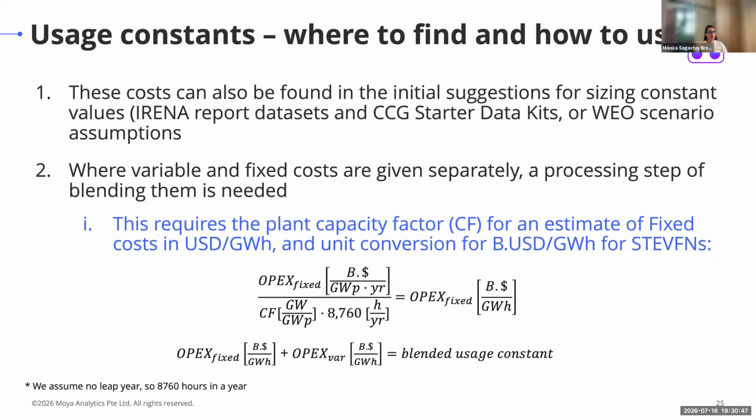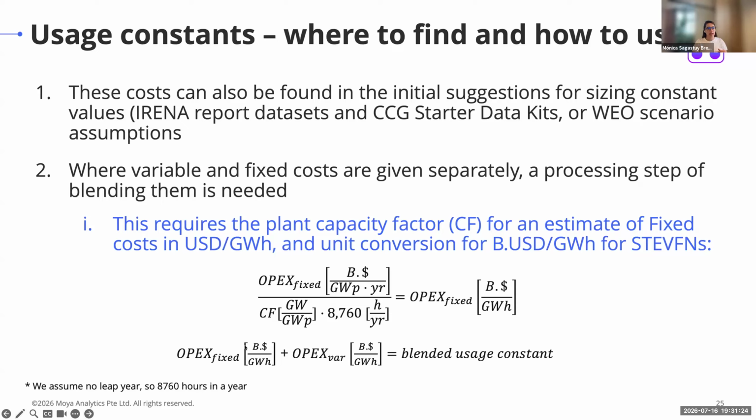I've used a little bit of guidance for you for that conversion, because fixed and variable costs are in different units. So if we want to actually be able to add them, we need to do this conversion, where we have the economic side here per gigawatt per year, and we need to use the capacity factor of the power plant times the hours in the year so that we get the operational cost that depends on how much you're using the power.